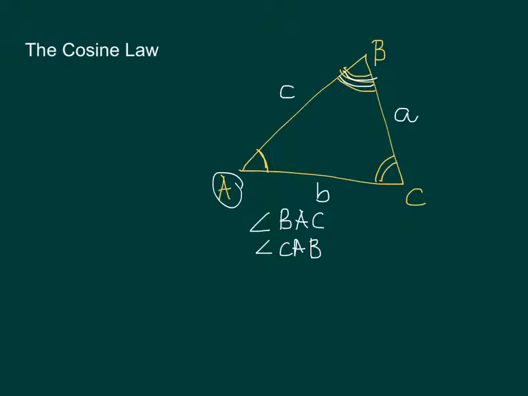Now the cosine law is saying that we can relate the angles and the sides of this triangle.